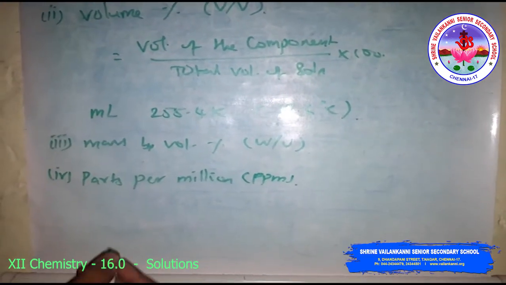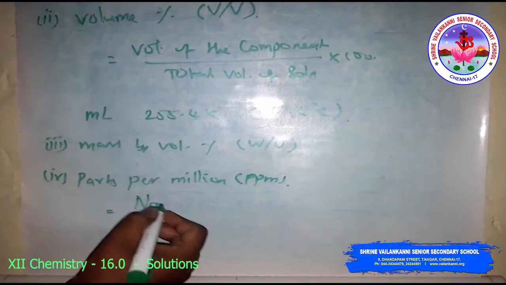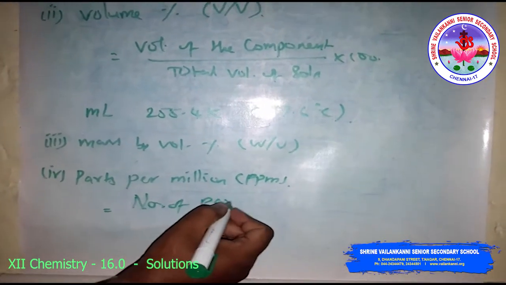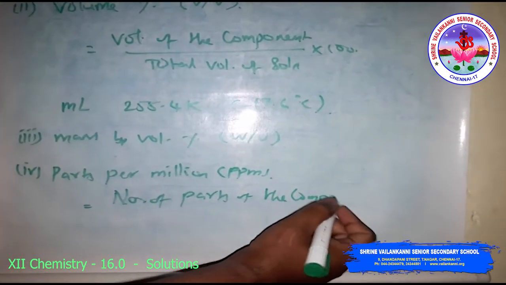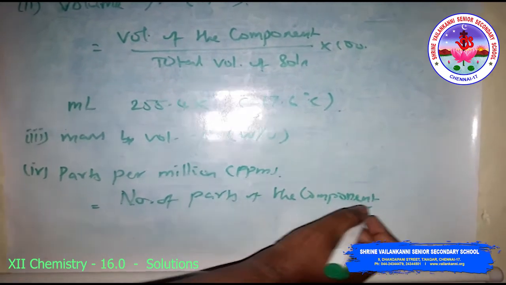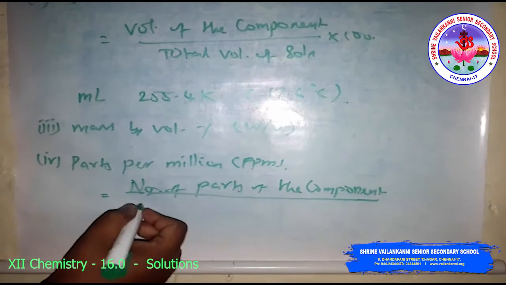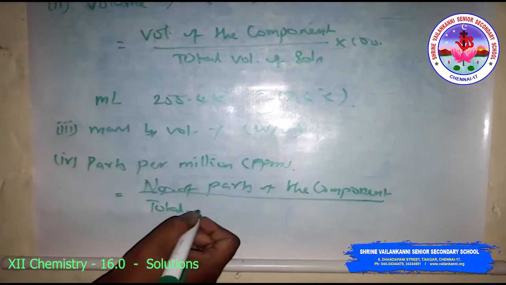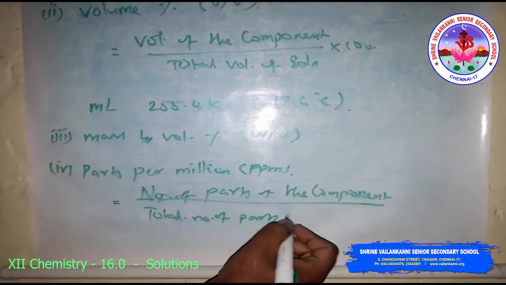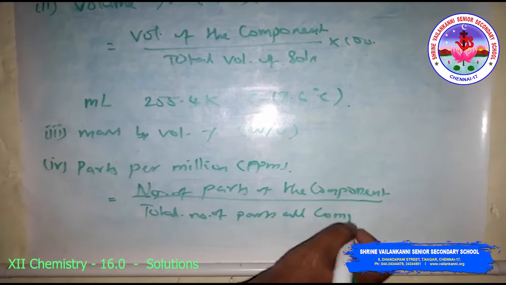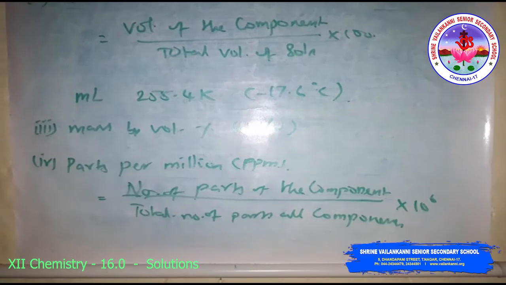The parts per million is the number of parts of the component divided by the total number of parts of all components, into 10 power 6, because million.